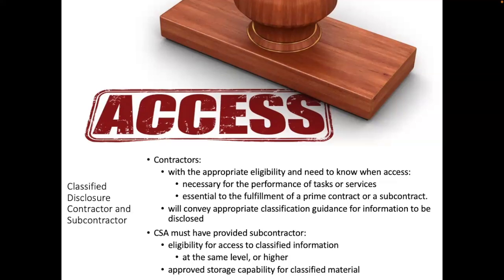And we'll discuss a little bit later about this. Similarly, a contractor cannot share classified information with a contractor not on contract with them, because it's ultimately owned by the government contracting activity or the OCA who classified it.